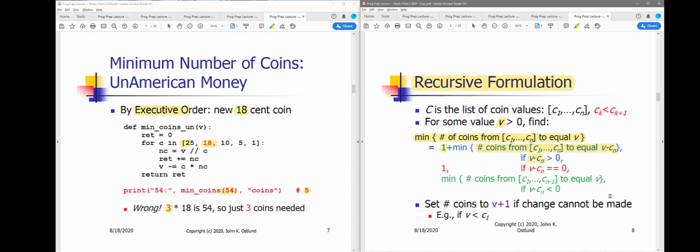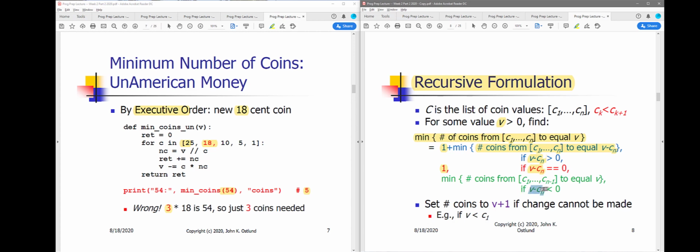Now, v minus cn may still be larger than cn, so we may end up using multiple copies of that coin value cn. On the other hand, if the value that we're looking for is exactly equal to the value of the coin cn, then clearly we just need 1 of that coin to create change, and that's the lowest value we could possibly have.